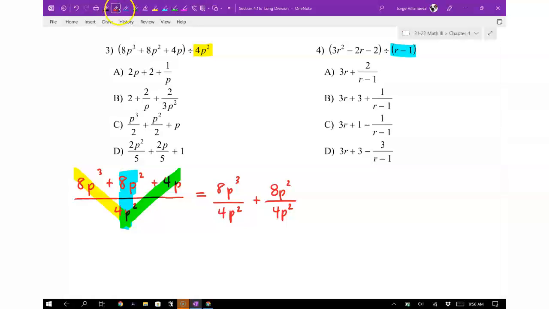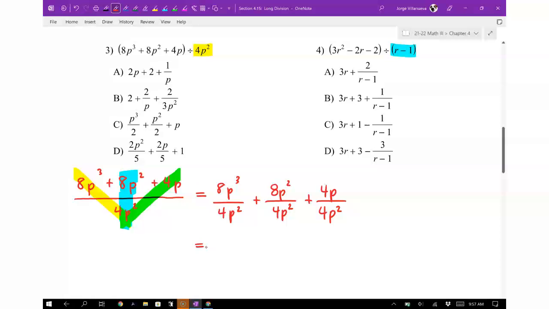Okay, so I'm going to put plus 4p over 4p squared. Now this is to do it, I would say, the easiest way possible. So now, look at the very first fraction that we have right here, 8p cubed divided by 4p squared.